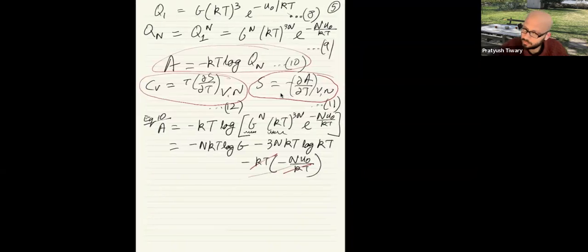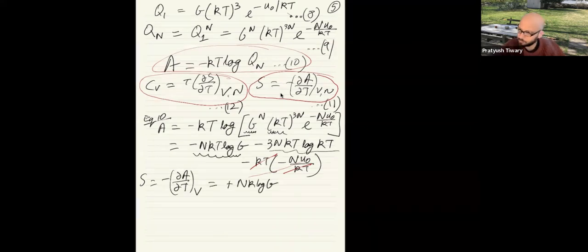So when we differentiate this with respect to temperature, what do we want? We want S is equal to minus partial A by partial T at constant volume. So this term, what is the partial derivative with respect to temperature? That is minus nk log G. The second term, we will have to do product rule, right? And not minus because we took a minus sign already. So this becomes a plus.